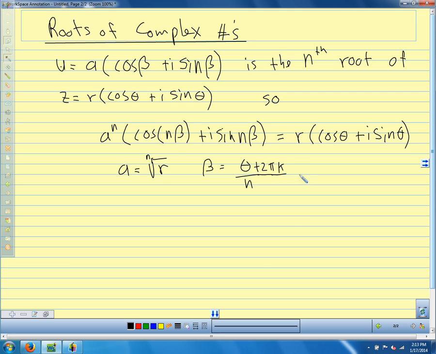The way this works out is k is going to be 0, 1, 2, up to n minus 1. If k equals n, we've gone all the way around the unit circle and we get back to where we started. So k just goes 0, 1, 2, to 1 less than n.